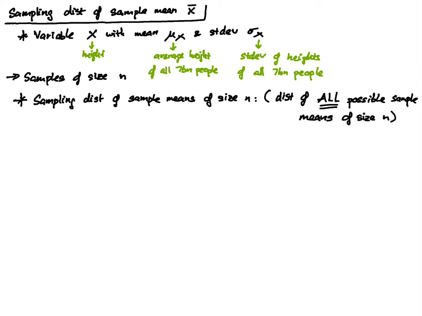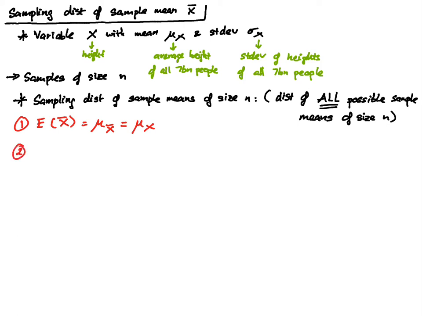Now it can be proven that the expected value of all the sample means, which is equal to the mean of all the sample means, equals the population mean, so the mean of the original variable x.